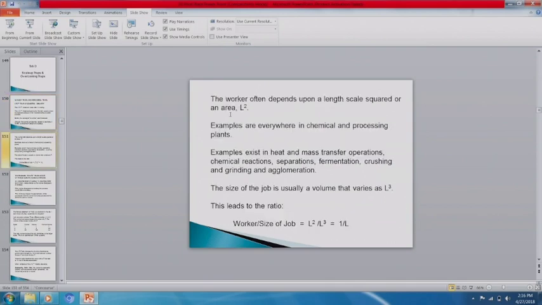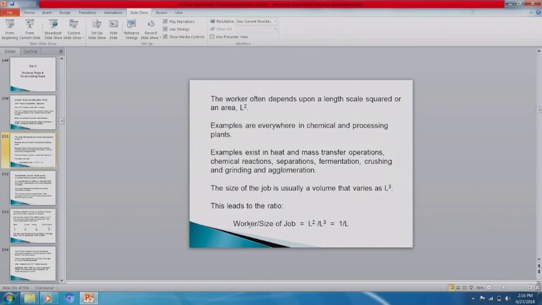One of the things is that the worker depends upon length squared. Perhaps it's an area. These examples are everywhere in chemical and processing plants: heat exchangers, mass transfer, chemical reactions, separators, fermentation, crushing and grinding, agglomeration. The size of the job is usually L cubed.